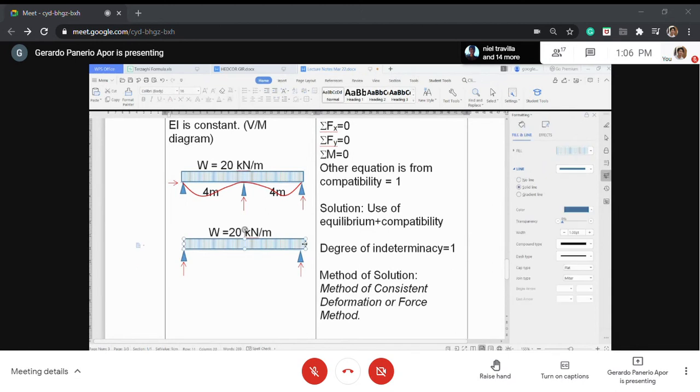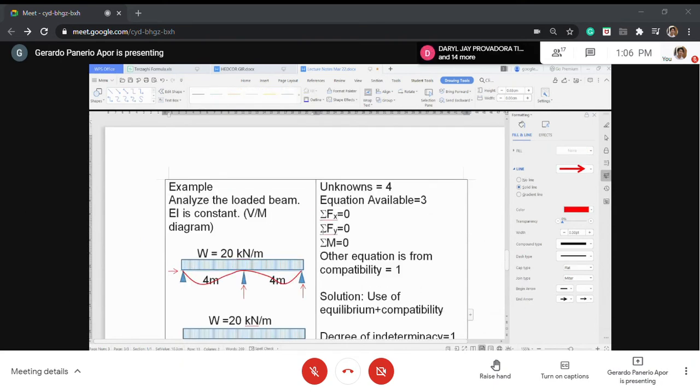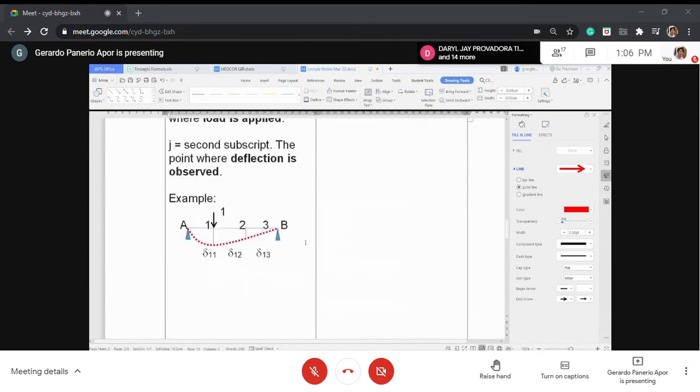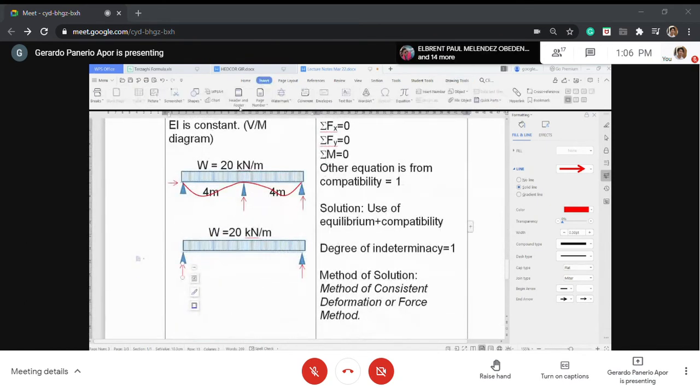Now, this is a simple beam. Ang deflection niya is ingon ani.